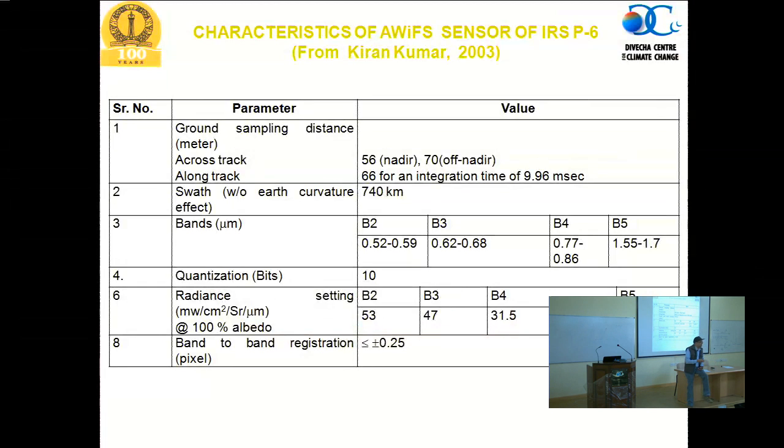Suppose I want to study glacier retreat. Glaciers are retreating at the rate of 10 meters or 15 meters per year, and that is annual. So even if I revisit that space after 1 year, that is good enough for me.